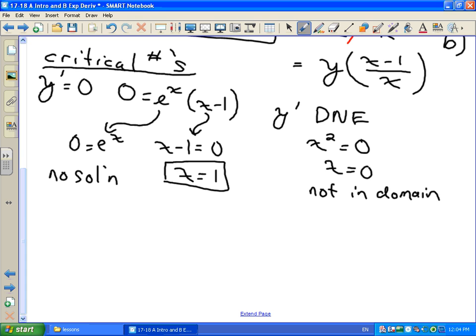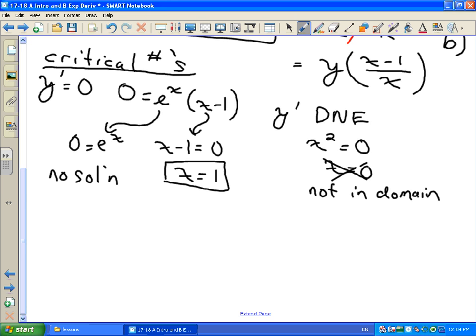So it's not valid as a local maximum or local minimum. These things that aren't in the domain, in the last unit we saw that they could be vertical asymptotes, but because we're looking for maximum and minimum here, we're just going to ignore that point.